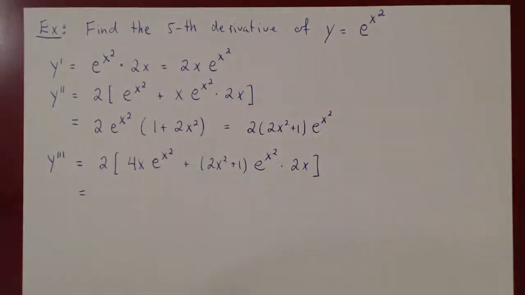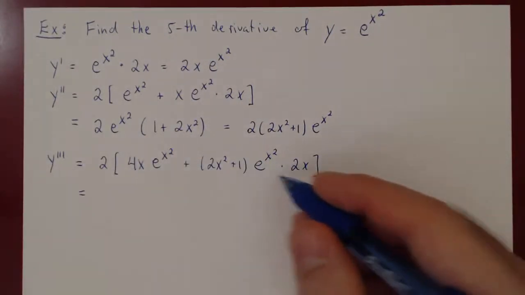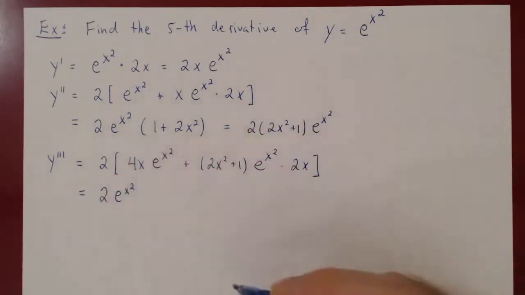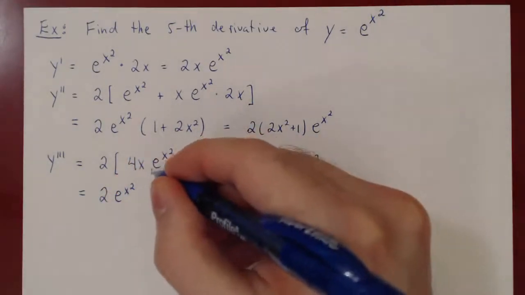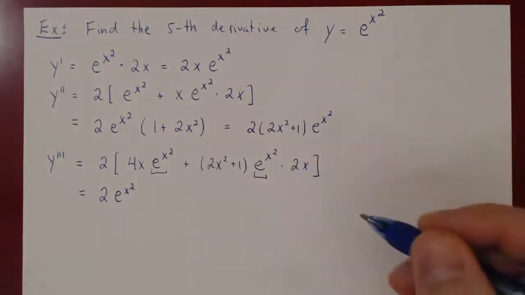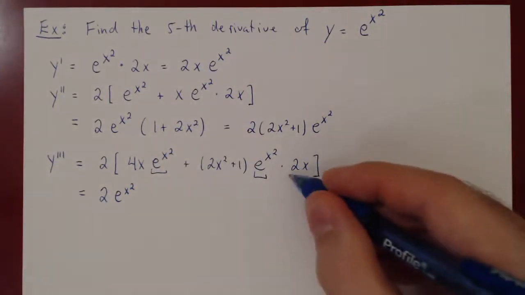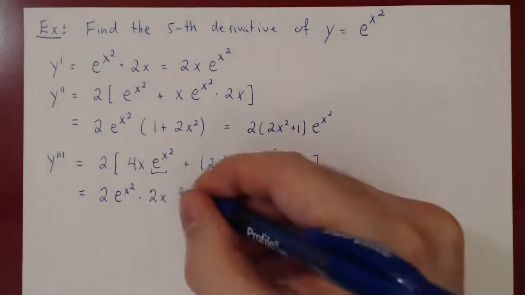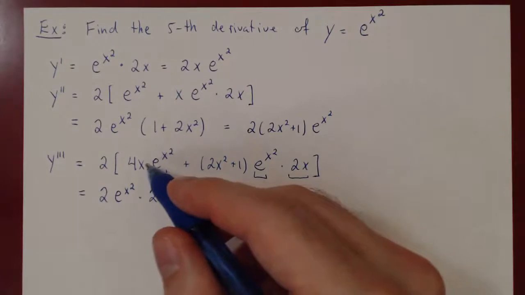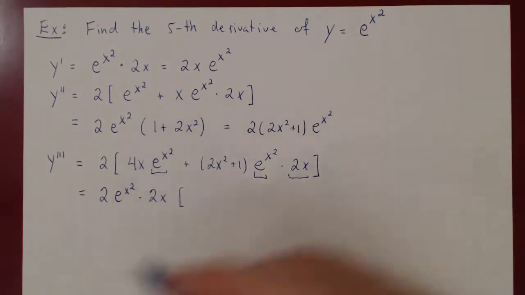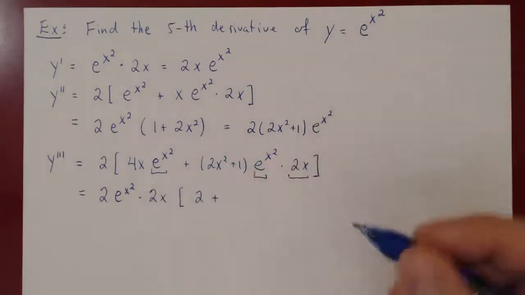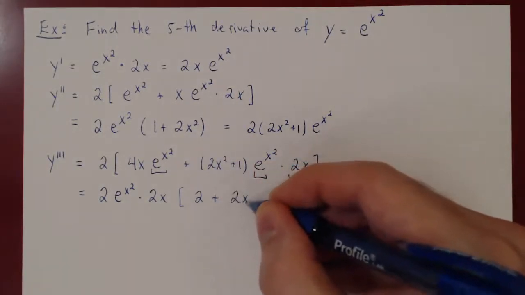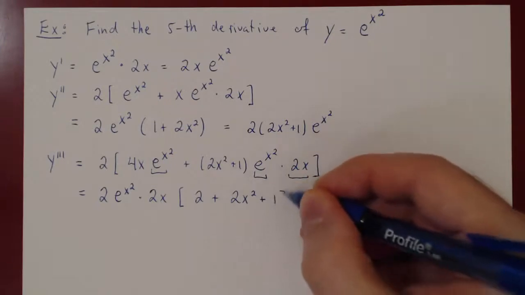Once again, we can factor common multiples. We can factor out e to the x squared. We can also factor a 2x. Then we were left with, if we factored 2x from 4, we're left with 2, plus, everything here was factored except for this term, so plus 2x squared plus 1.